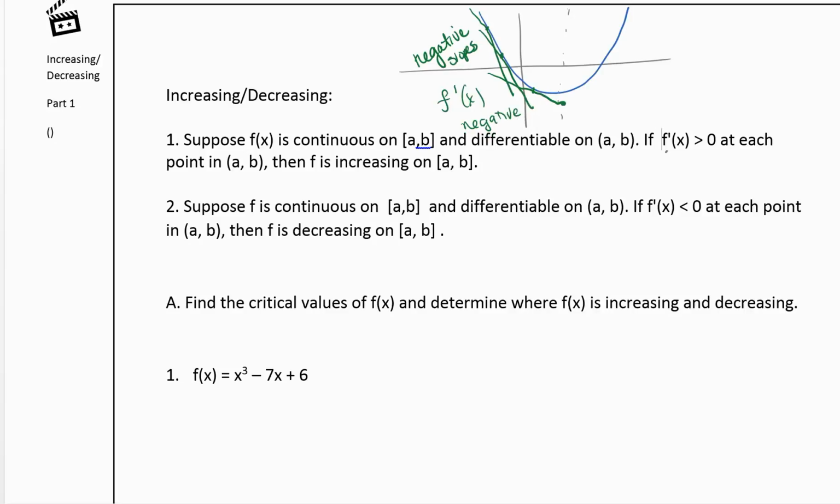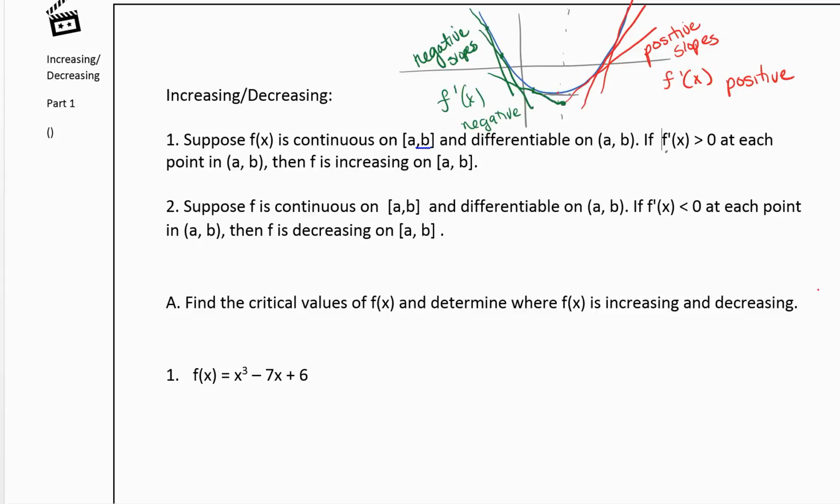Well, then our tangent lines are all going to be increasing lines, okay, which would all have positive slopes, which means our derivative would be positive, greater than 0. And at the minimum point, right, we've talked about this, that's where the function is going to have a 0 derivative.